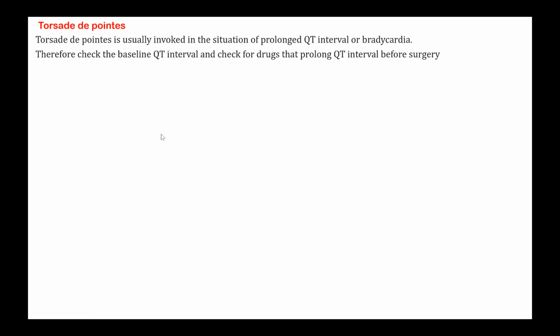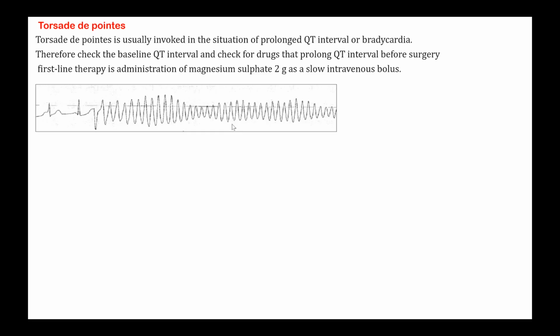That is the reason why this sort of arrhythmia can happen. The first line of therapy, once you identify it as torsades de pointes, is the administration of magnesium 2 grams slowly IV, even before you give electrical conversion. So this is how the picture may look.